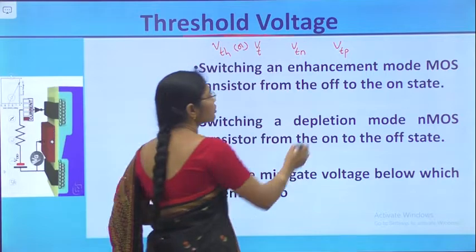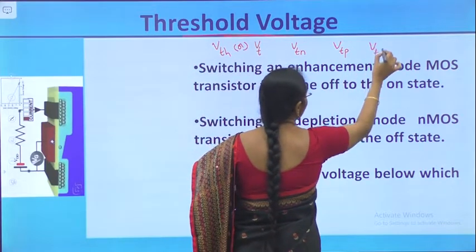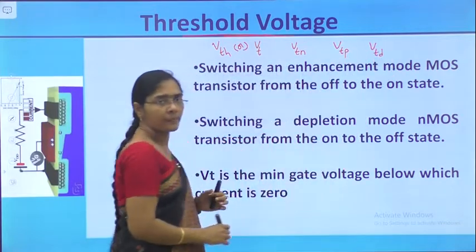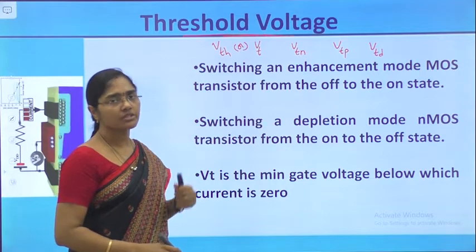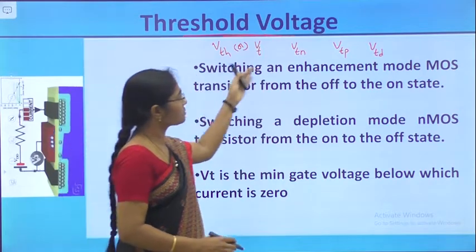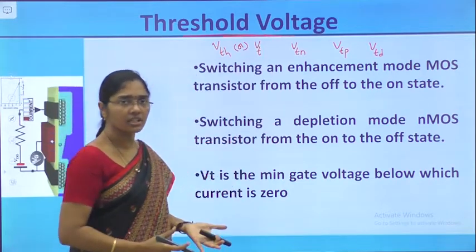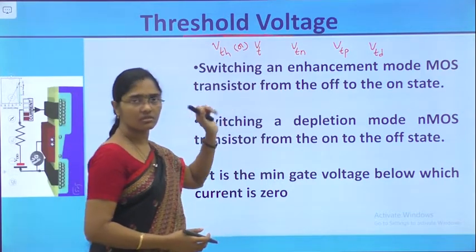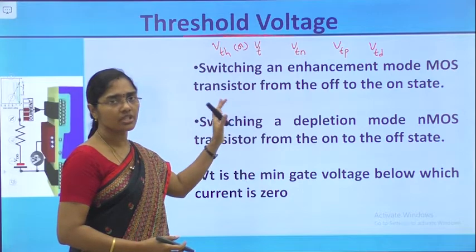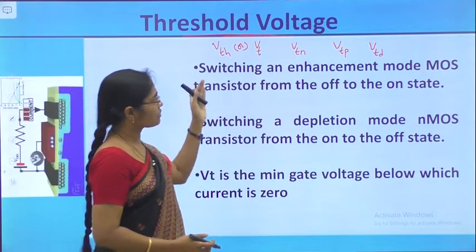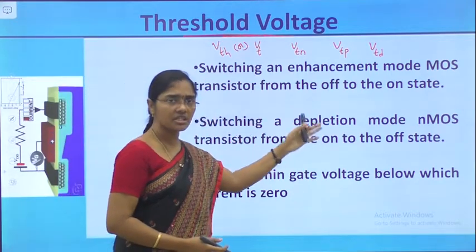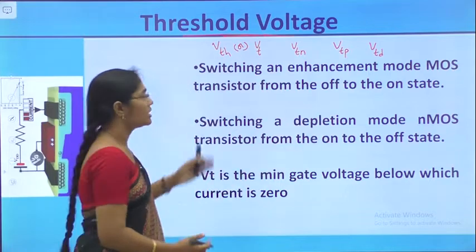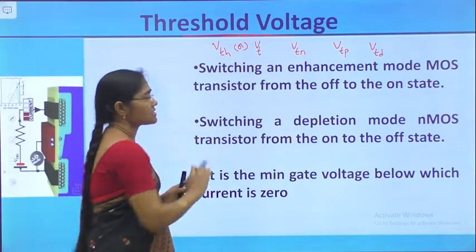For depletion mode transistors they use VTD, the threshold voltage of the depletion mode transistor. So the representations differ, but the definition is the same for all the threshold voltages, whether of an NMOS transistor, PMOS transistor or depletion transistor.